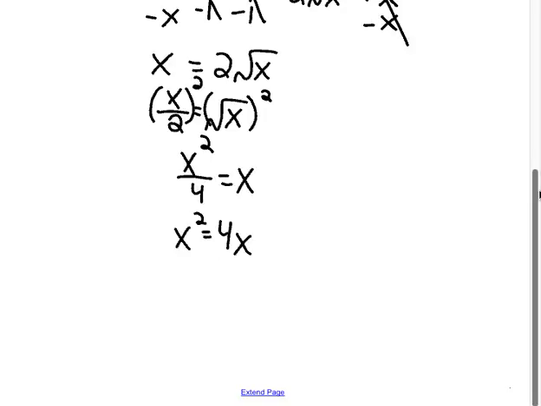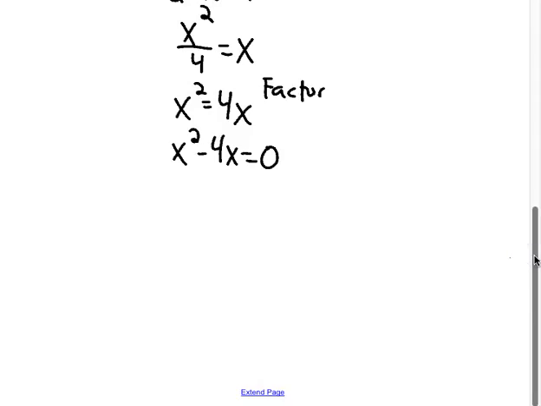But now the big thing is, so I have a quadratic again, okay? And remember, when I have a quadratic, the big idea is to be able to factor. So I'm going to move this 4x over. I'm going to subtract it over because remember, to factor, I do need it set equal to 0. And to factor this, well, this time my x is in both terms.